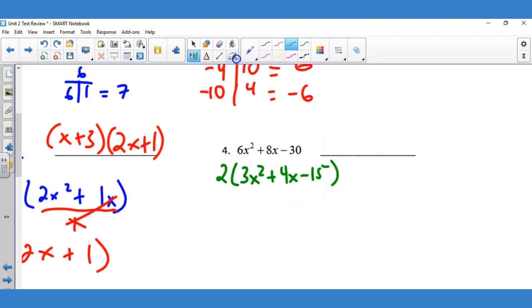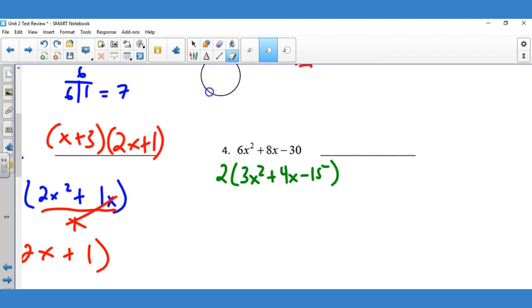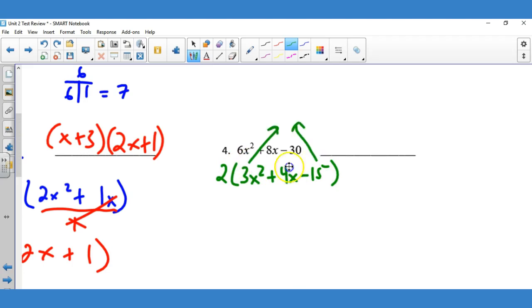So now the leading coefficient is no longer 1, it's 3. So the leading coefficient is not 1, so we've got to look at this and the constant. We're going to multiply those. That's going to be negative 45. We're going to ask ourselves, what are the factors of negative 45 that will add to give me 4?